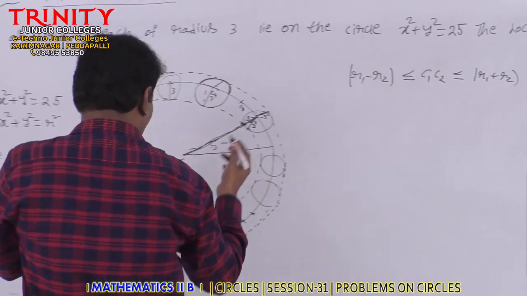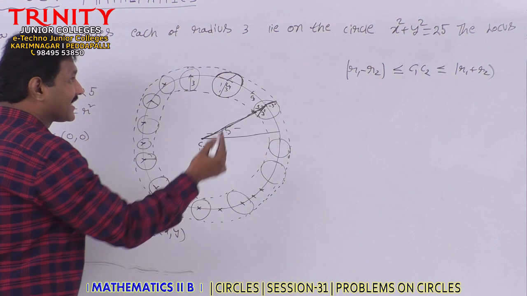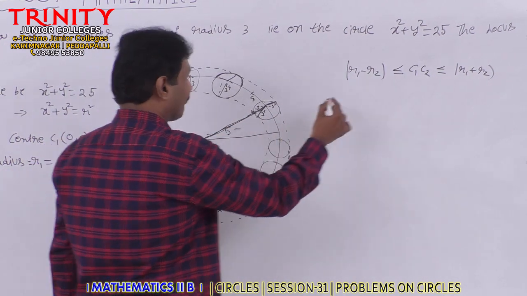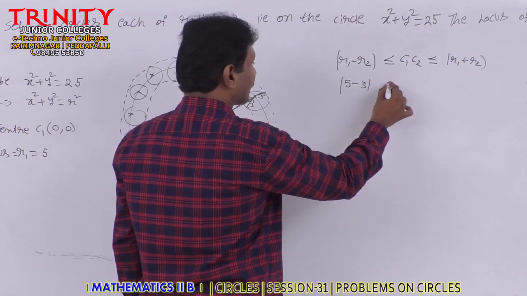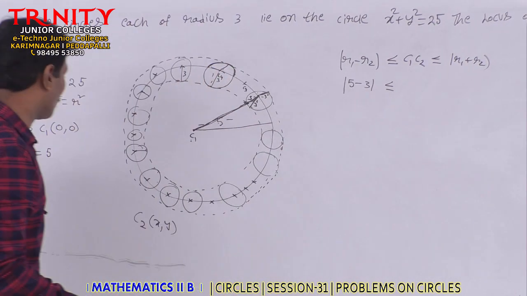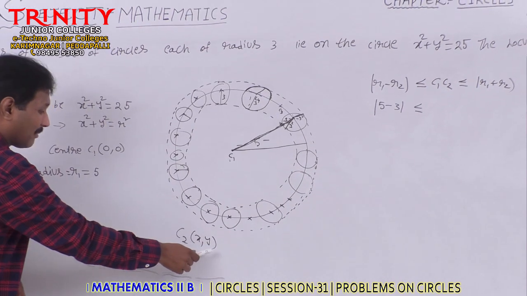We take the center of the second circle as C2 equal to (x, y). The radius of the first circle is 5 and the radius of the second circle is 3. The center of the first circle is the origin, and the second center is (x, y).